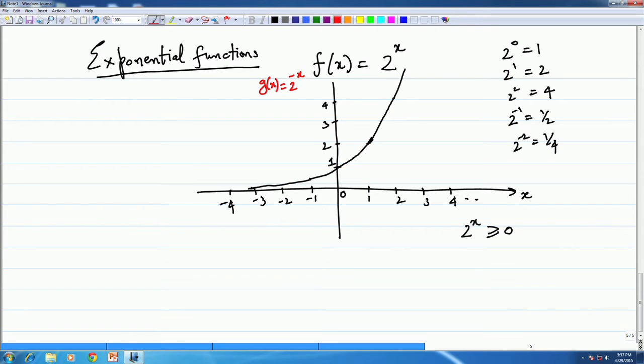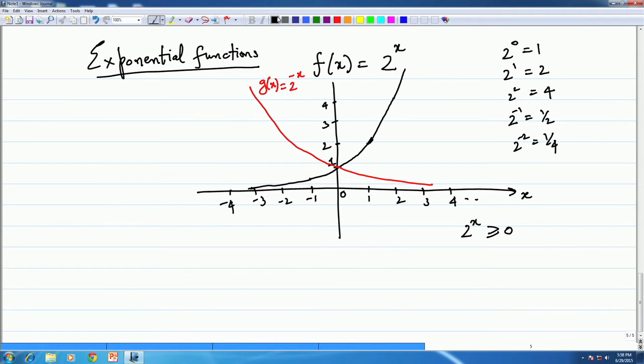Whatever happened in the negative values of x for 2 power x would happen for positive values of x for 2 power minus x. Okay, and it will just be a flipped version, and you can plot it like that. It would go like this way, and then hopefully like that. Okay. So, you see that is g of x, which is 2 power minus x. Okay. So, hopefully you see this point.